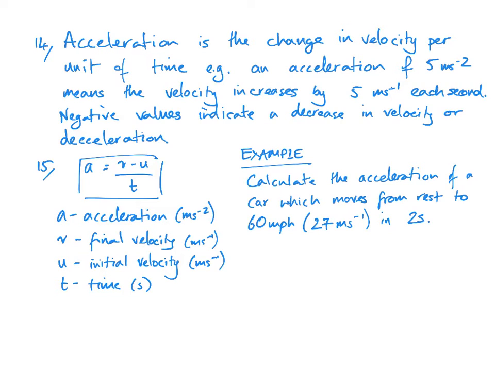Is that the initial speed? 27 meters per second. So the final speed, v, is 27 meters per second. I'm given the time is 2 seconds. And you agree that's all the information at first glance that appear to be given in the question.